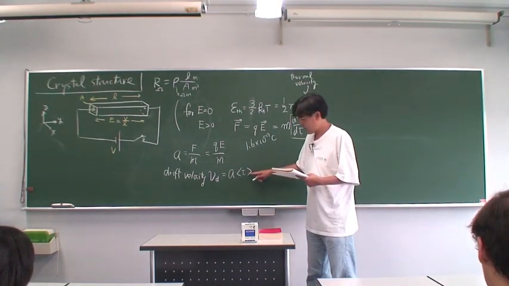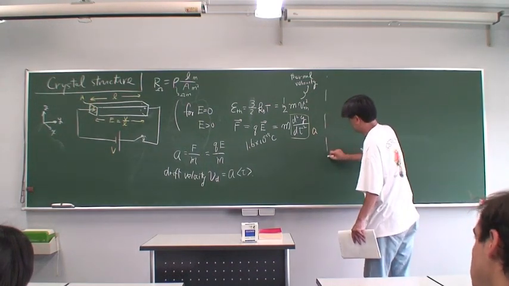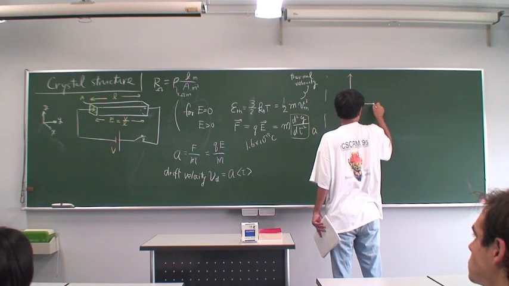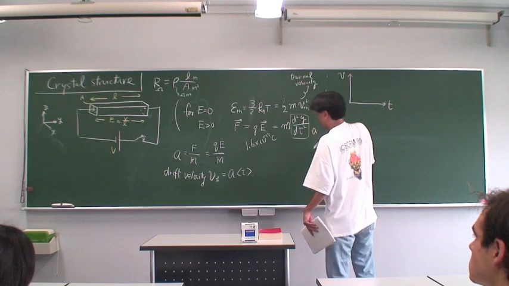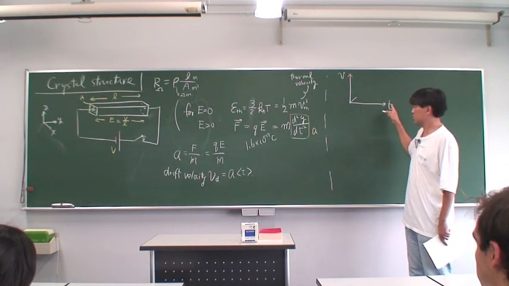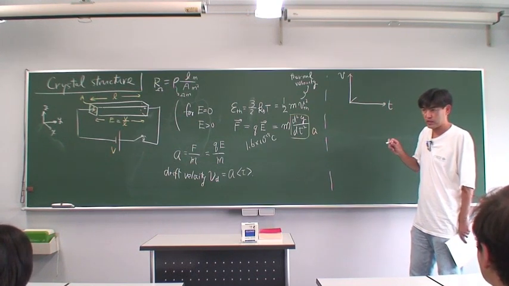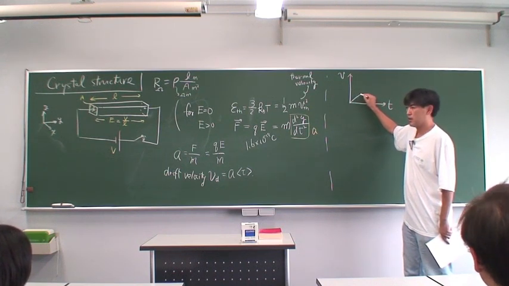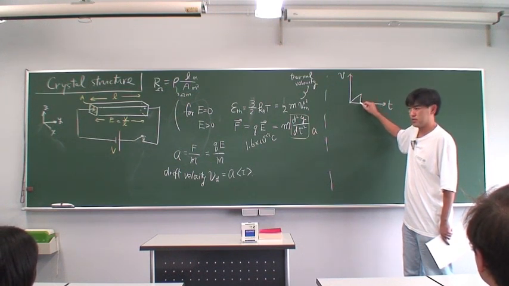And tau here is defined as the average time required for the electron to accelerate. I only talk about one electron here, just as an example. Maybe the electron gets accelerated and then hits something, gets scattered and stops.